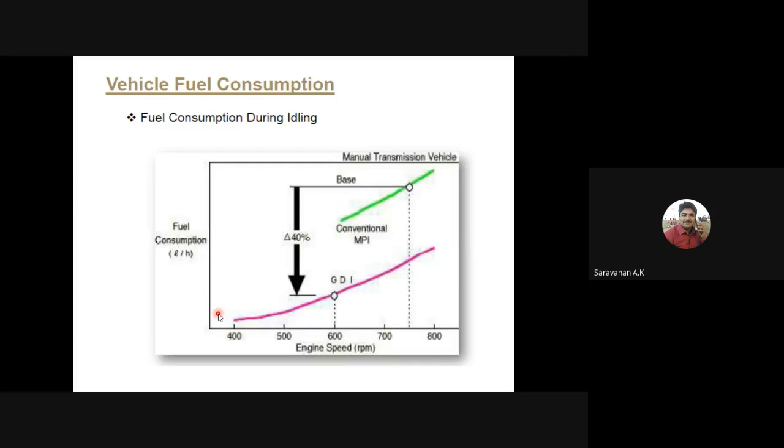Is it correct or not? Once the speed increases, obviously we lose our mileage.